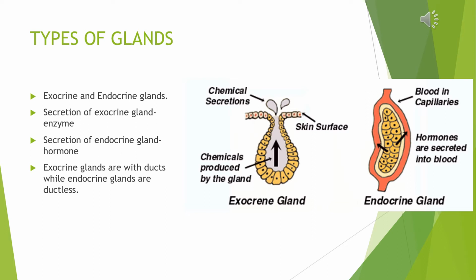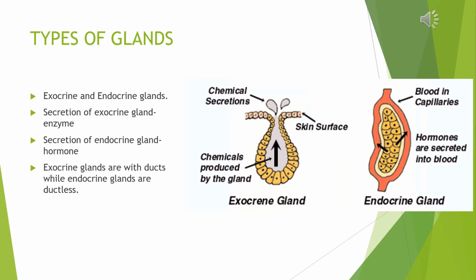Instead, it has a duct-like structure at the top through which the chemical secretion is released. But in the case of the endocrine gland, after being secreted from the cells or gland, the secretion, that is the hormone, directly enters the blood capillaries.